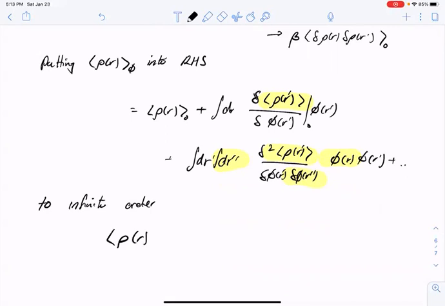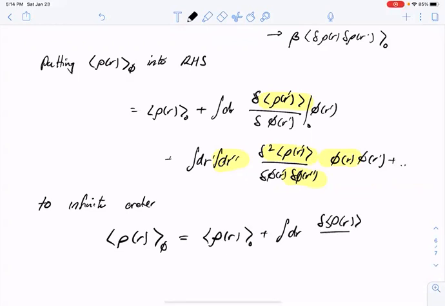So we would have a relationship: rho of R in the presence of the field is equal to rho in the absence of the field plus an integral of how rho changes due to the field, times the field, evaluated in the presence of the field.